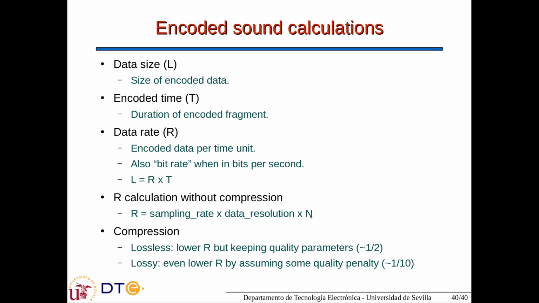The number of channels I multiply, so I have the data per sample in all the channels. And if I multiply by the sampling rate, it is basically the data rate measured in samples per unit of time, per second. Okay, so this will give us how much data I have per second.